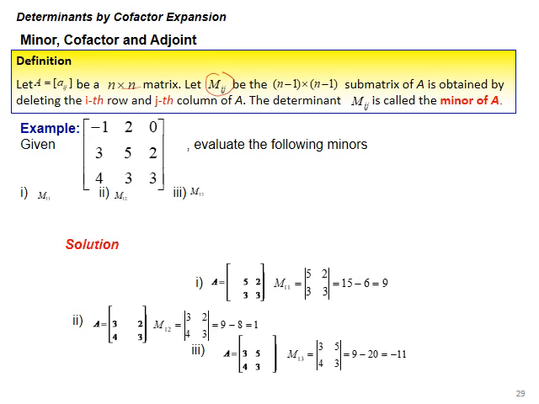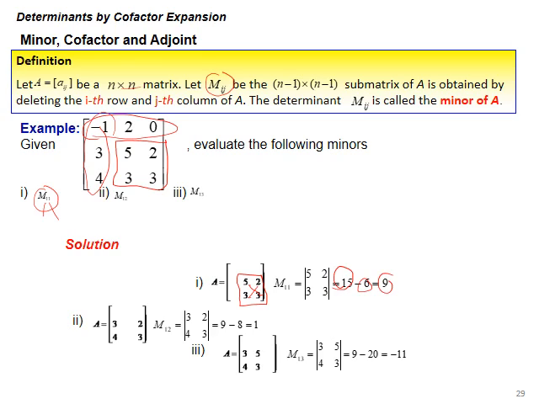As an example, he asked me to find M11, it means the minor for row 1, column 1. This is row 1, this is column 1. I delete them. What is left? This part, as you can see here. I do the determinant: 5 by 3, 15, minus 2 by 3, 6.